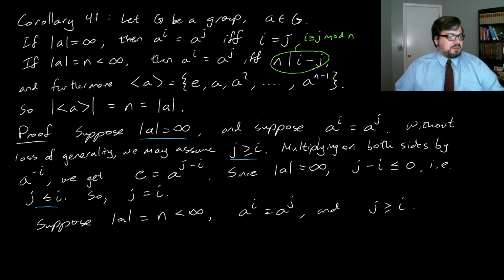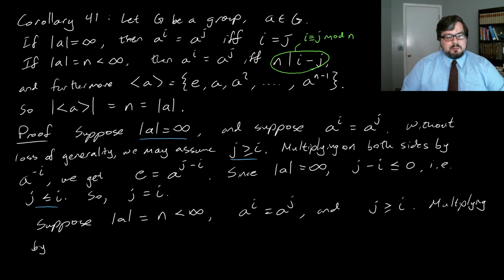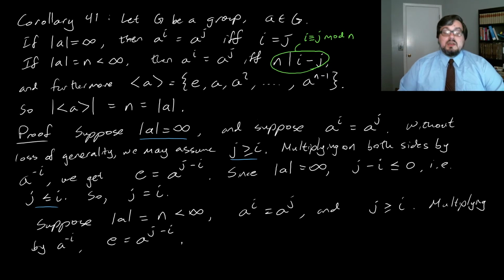I don't know if we're actually going to need that this time. So again, multiplying by a to the minus i, we get that the identity is equal to a to the j minus i.